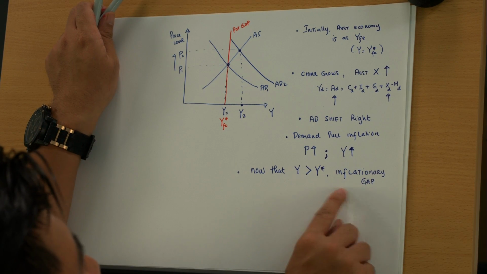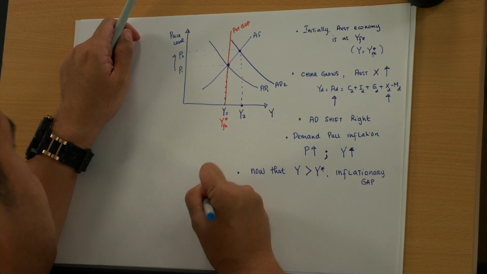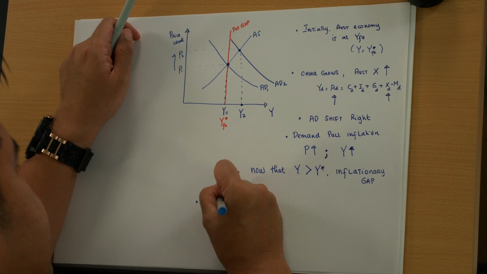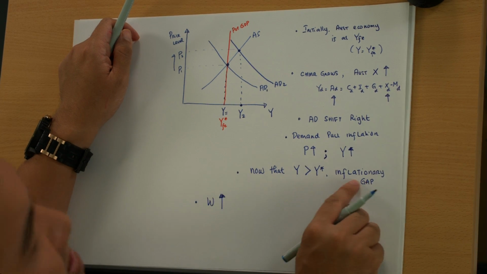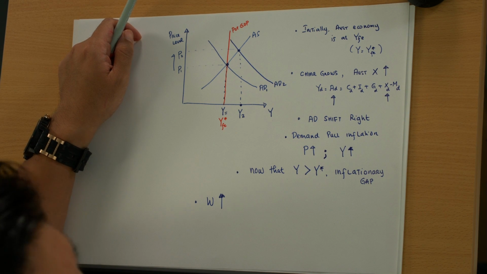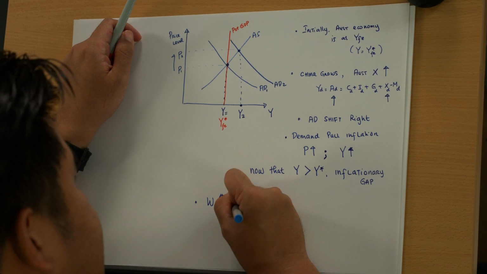This pressure of inflationary gap is going to cause nominal wages to go up. See, inflationary gap means our economy is booming, it's doing very well, it's producing beyond the potential GDP level, guys. There's a shortage of labor. Remember that, guys? Okay? Wages go up.